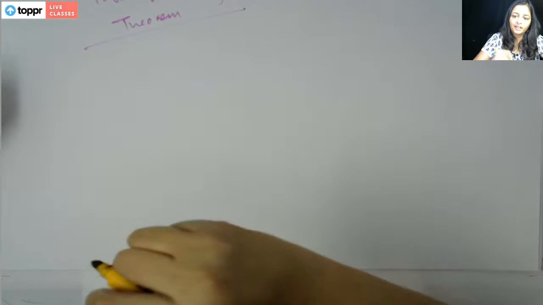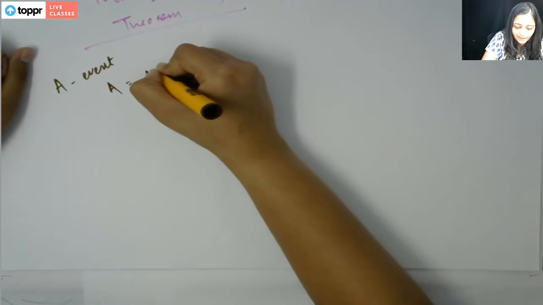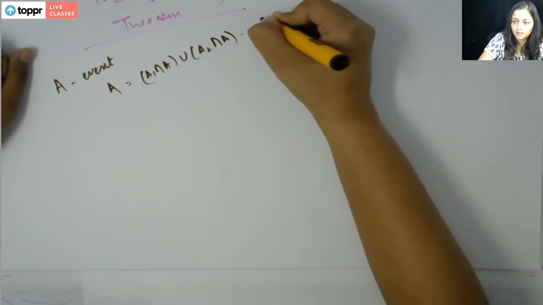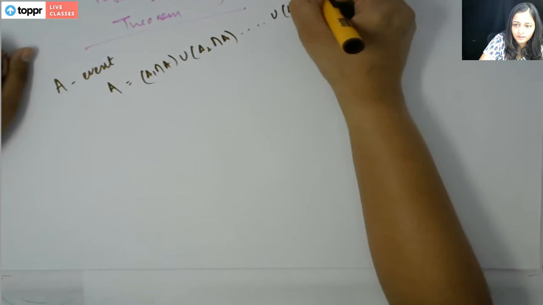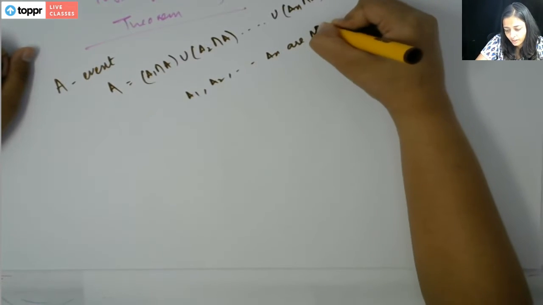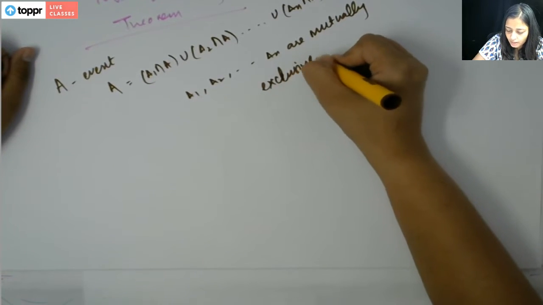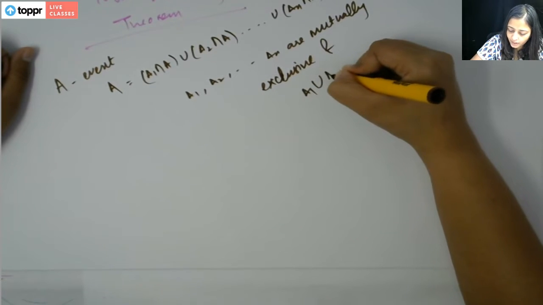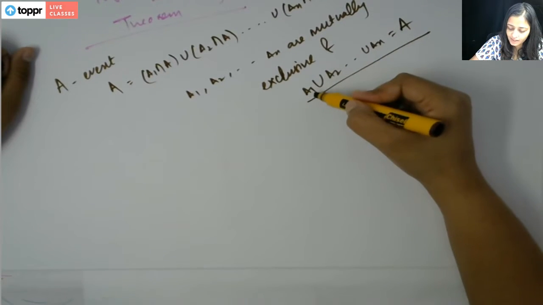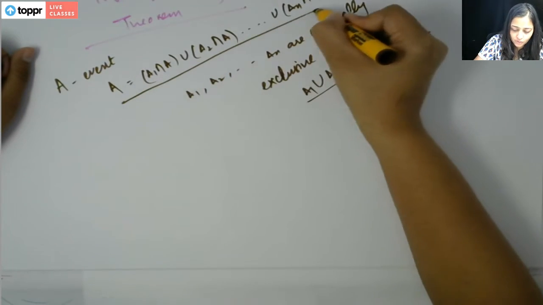Let's say you have an event A. You can write A as A1 intersection A union A2 intersection A union AN intersection A, where A1, A2, AN are mutually exclusive events, and the union of A1, A2, AN makes up the sample space. So A can be written in this form.